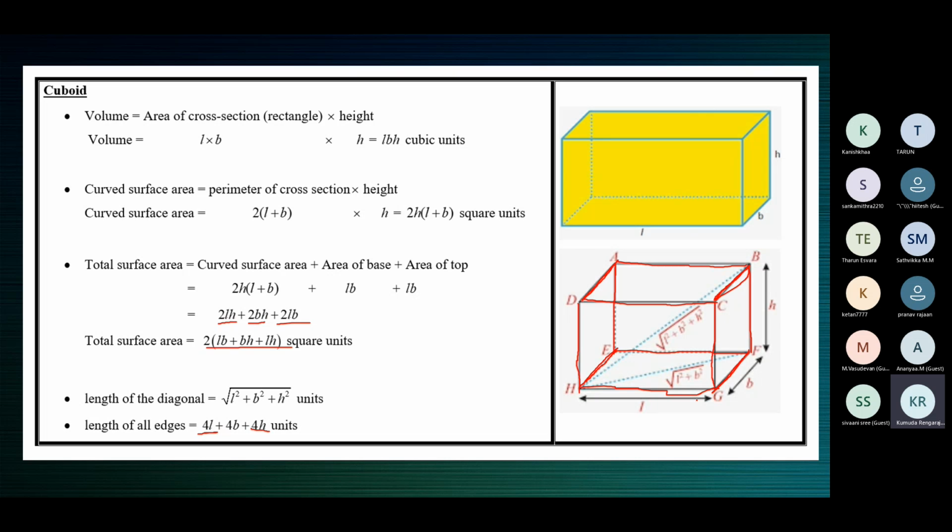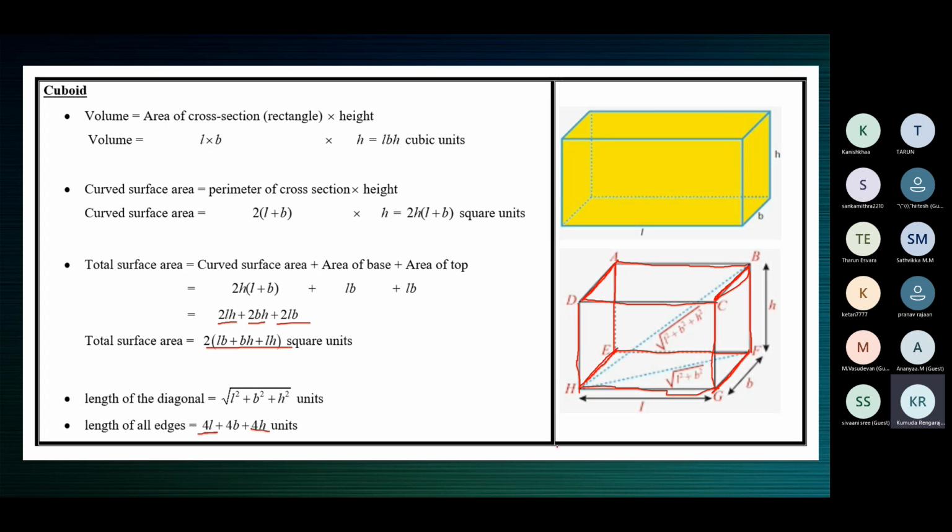So the length of all the edges is 4L plus 4B plus 4H units, or you can take 4 common and say 4 of L plus B plus H. That's also fine. I have not done that, but you can do that. 4 of L plus B plus H units.